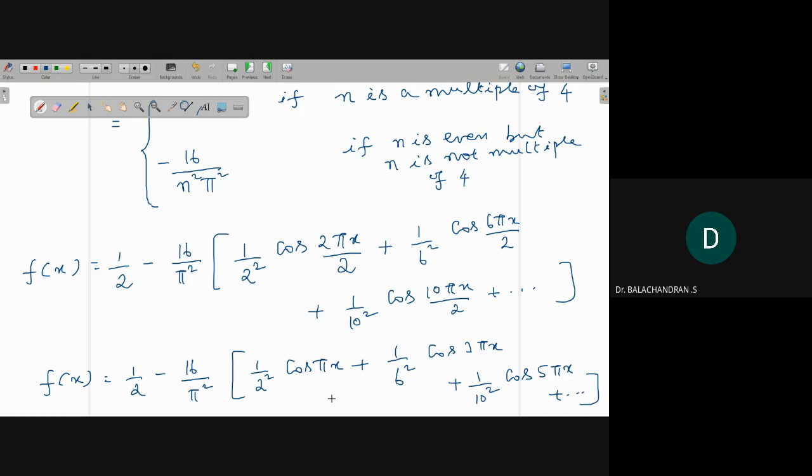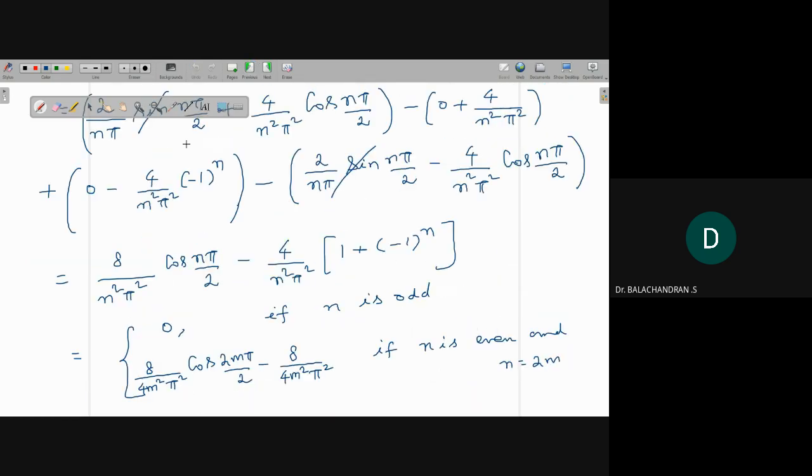So this is the final answer. If you want to cross check whether your answer is correct or not, you can go here. So I think this is the last step.